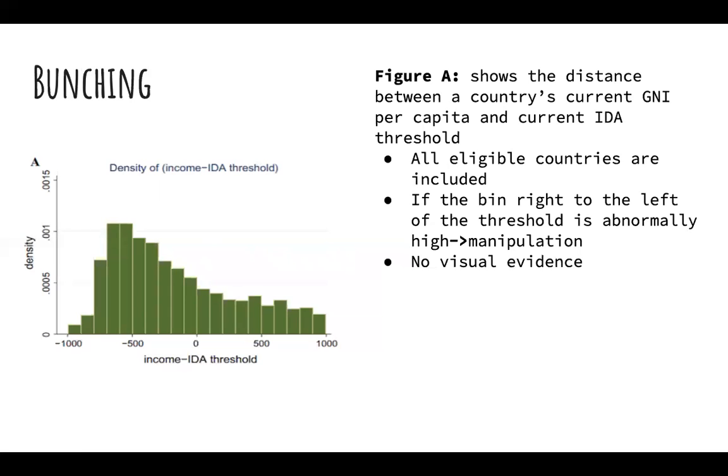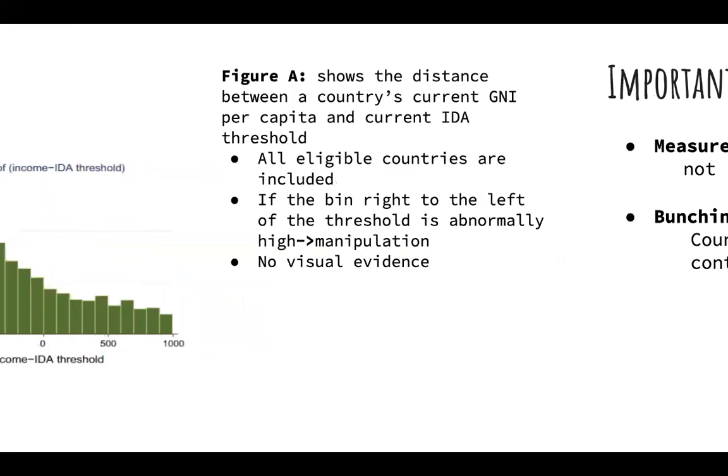According to the authors, if the governments understated their GNI to stay below the IDA threshold, we should observe the bin just to the left of the threshold to be abnormally high relative to the neighboring bins. As shown in this figure, there is no visual evidence that countries bunch right below the IDA threshold.